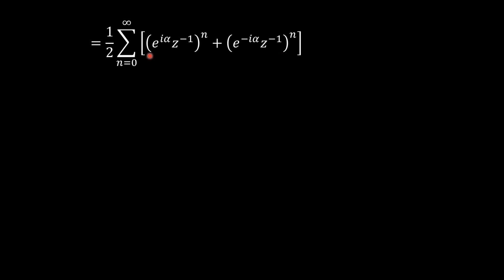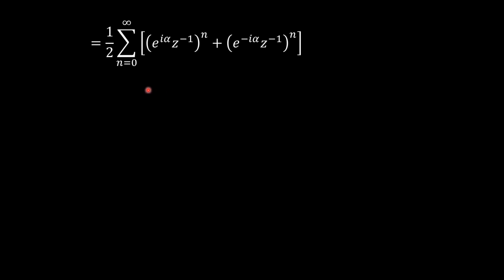Now both these are geometric progressions, wherein first one is the GP with common ratio e raised to i alpha z inverse and the first term 1, and second one is in GP with common ratio e raised to minus i alpha z inverse with first term as 1.